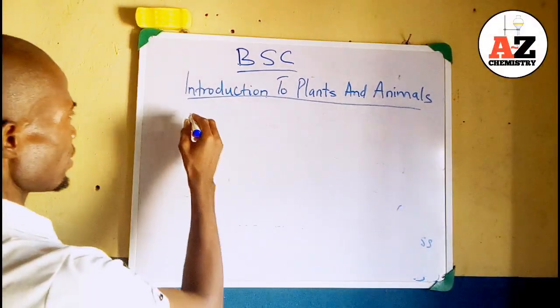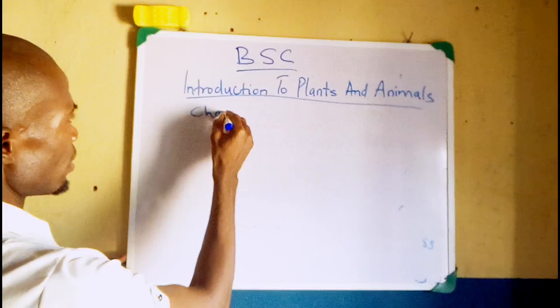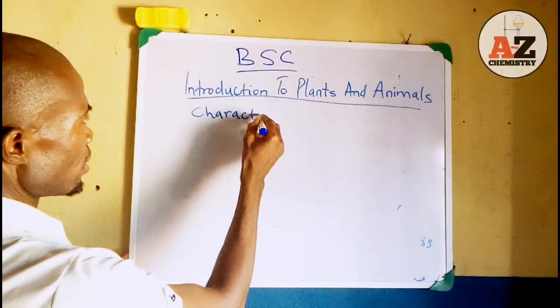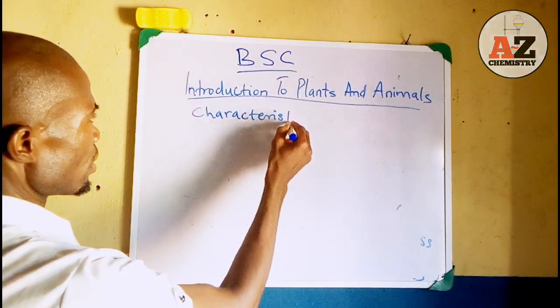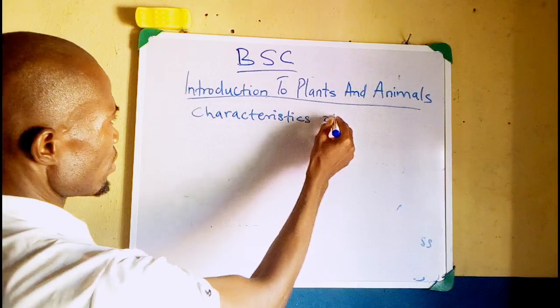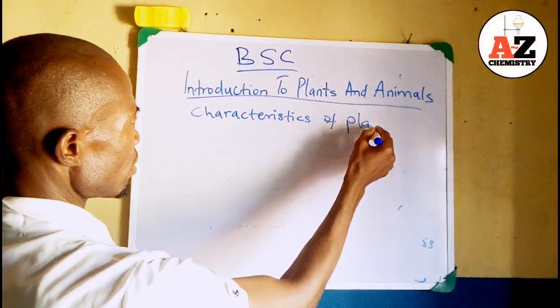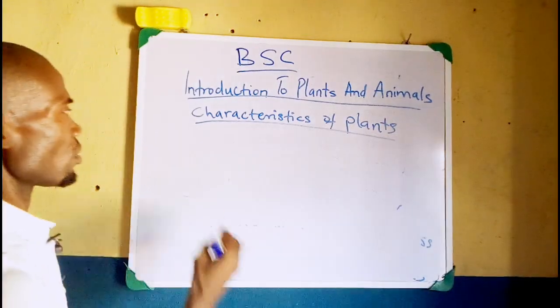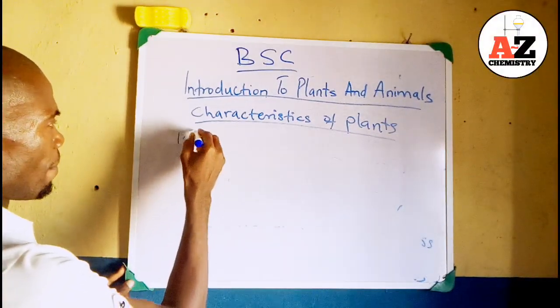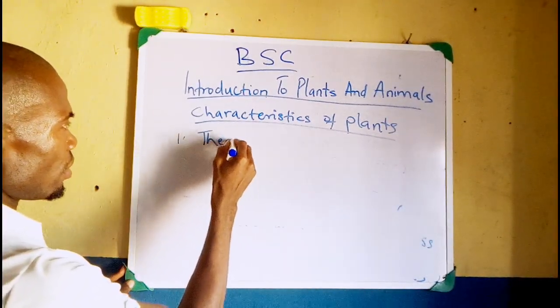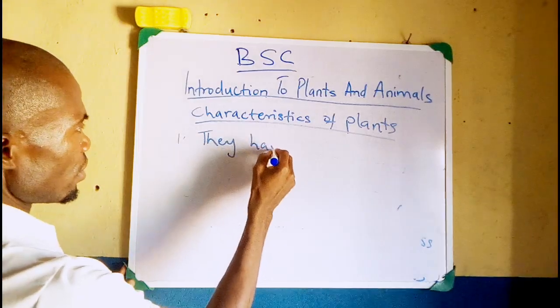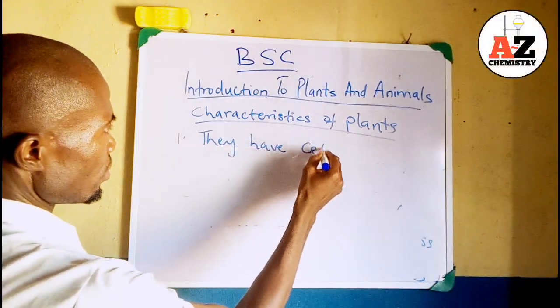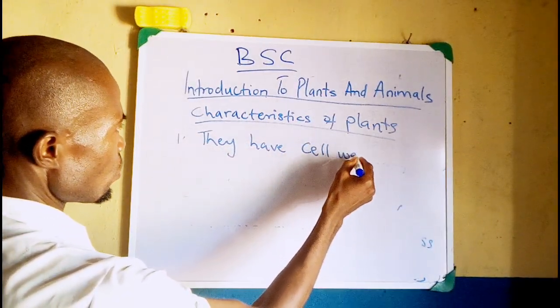So the last one we are looking at now is the characteristics of plants. One, they have cell wall.